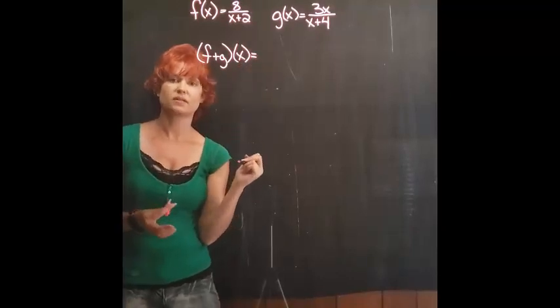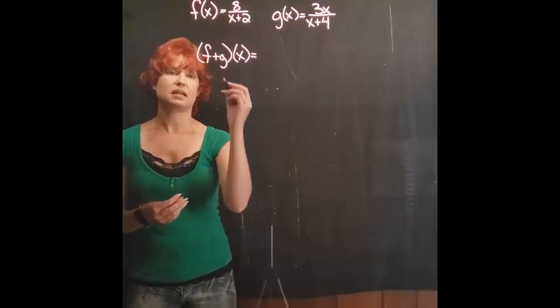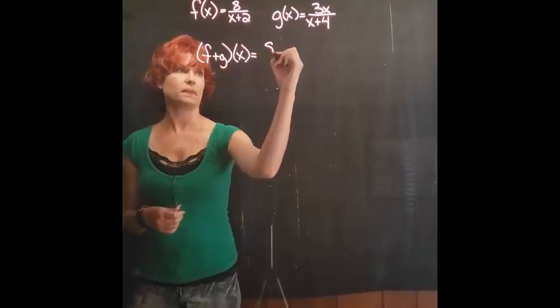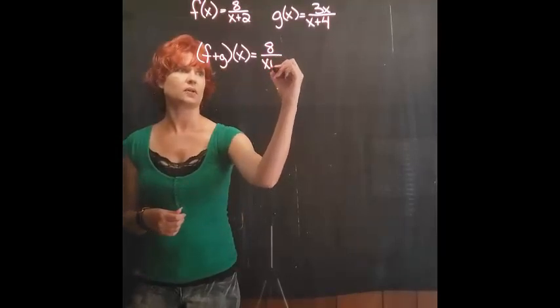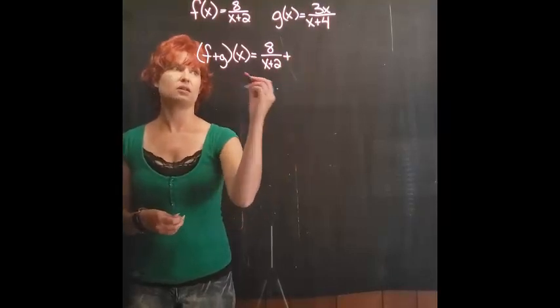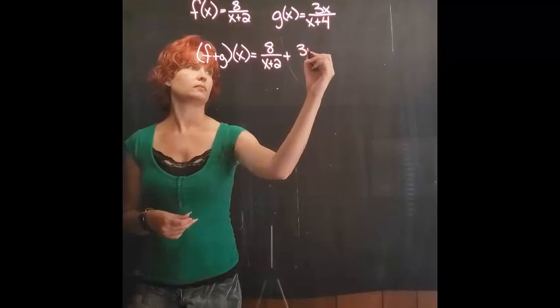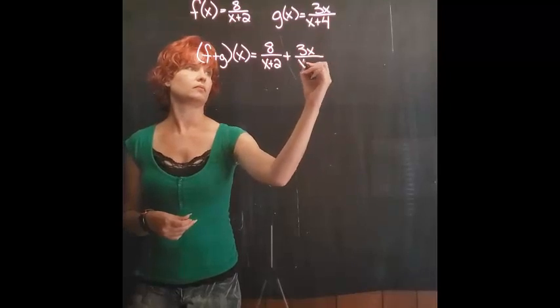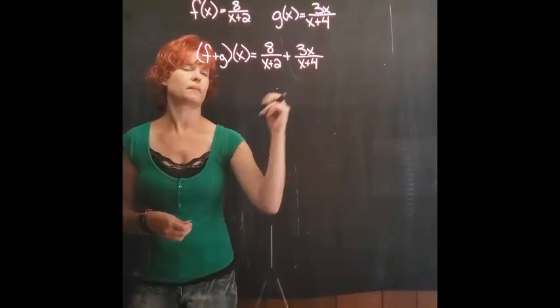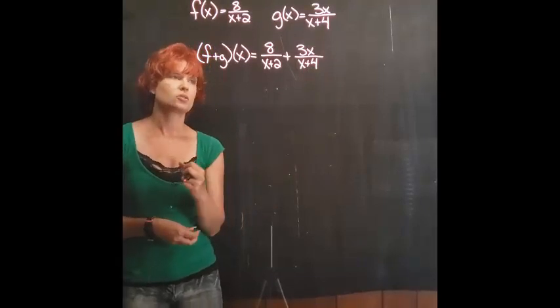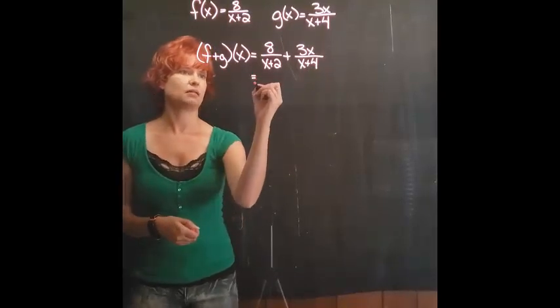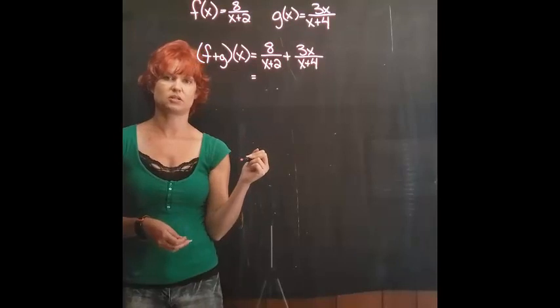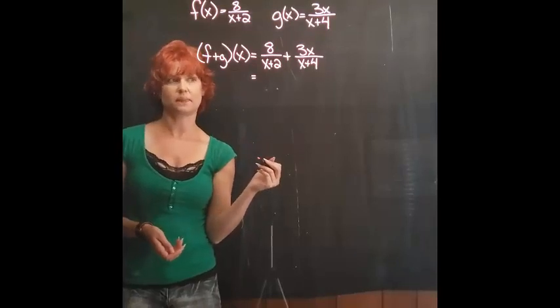Okay, so all this means is that I am taking the f function, 8 over x plus 2, and I am adding the g function to it. In order to add these rational expressions, we have to have a common denominator.